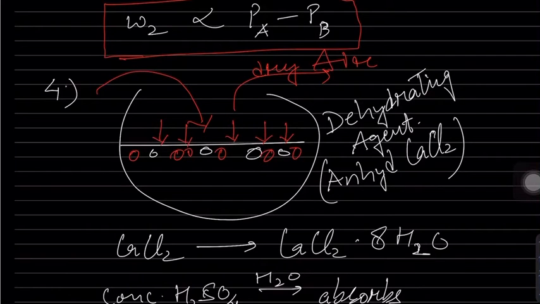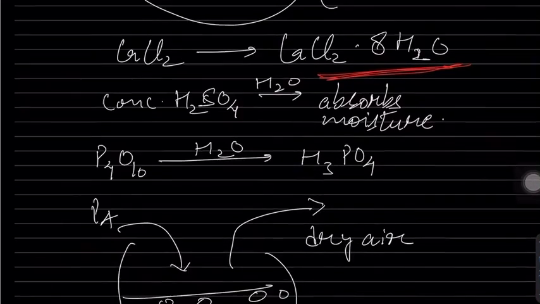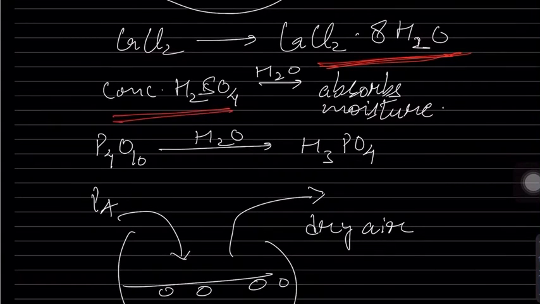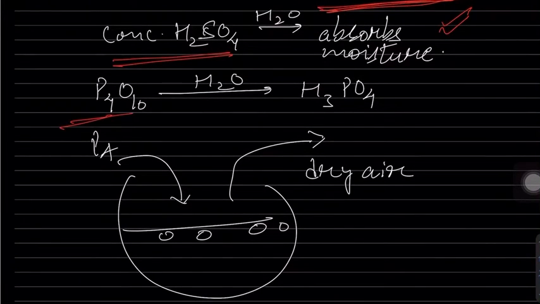Let us say the dehydrating agent is CaCl2, which maintains 8 molecules of water. Or you can take concentrated H2SO4, which is also a dehydrating agent. You study in organic chemistry, there are so many reactions. You can take P4O10, which absorbs water and makes H3PO4, which is an acid.